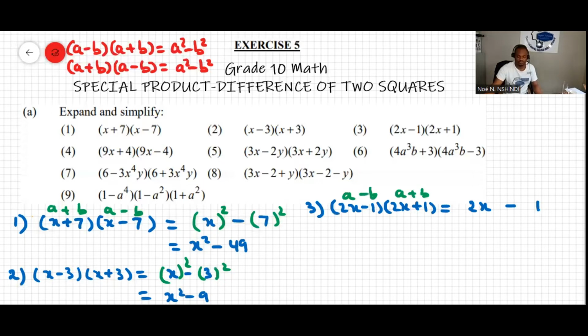So this will be A squared, 2x to the power of 2, minus B squared, 1 to the power of 2, and this will be 4x squared minus 1. Remember, the power of 2 here is applied to both 2 and x, not just 2.